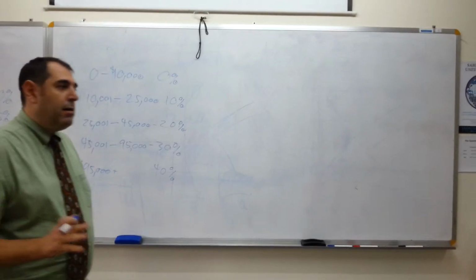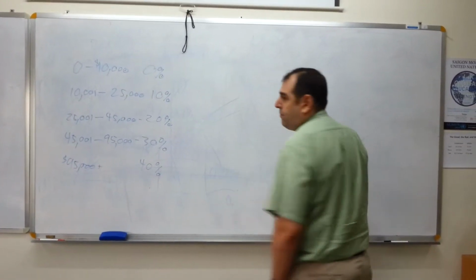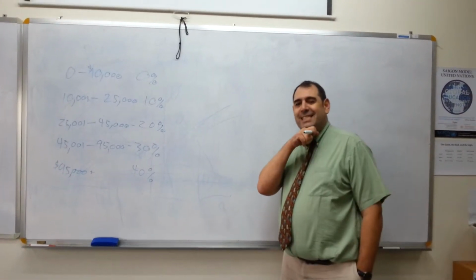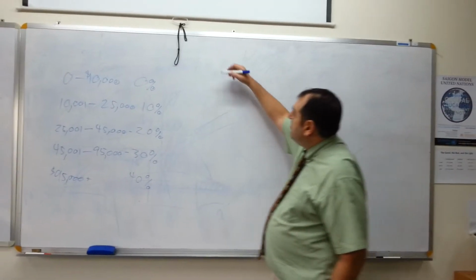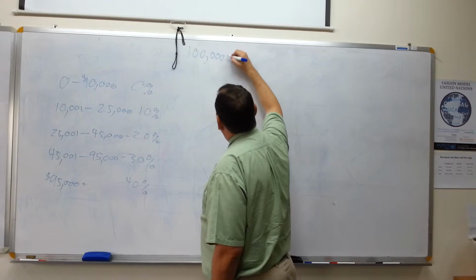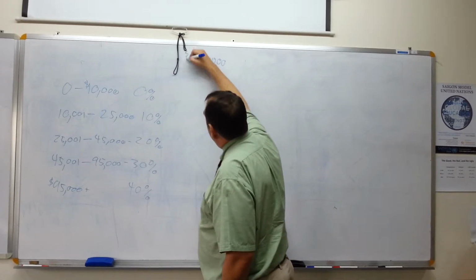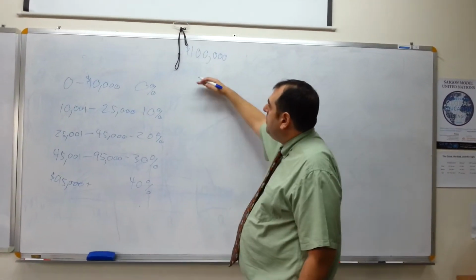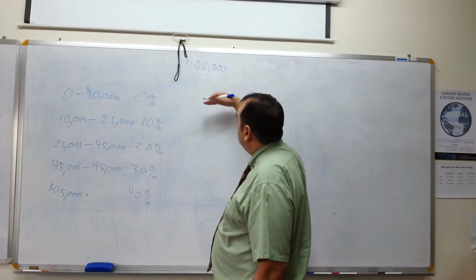Okay? So now, let's imagine we have a rich guy who makes $100,000 a year. So the first thing we're going to do, a few things.